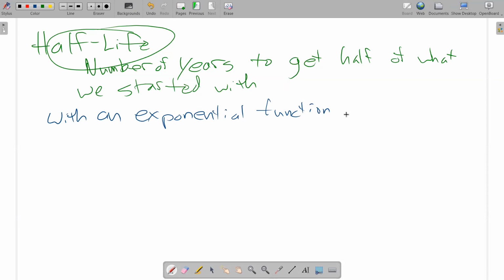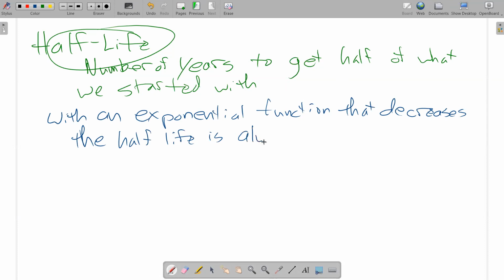Ours is going down over time. The half-life is always the same. In this case, the half-life was 5,730. For the car depreciation, it'll be a slightly different number.